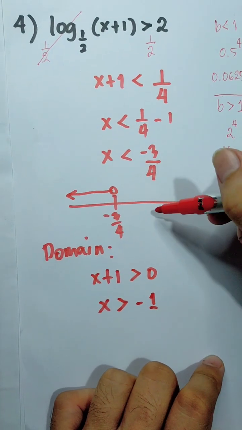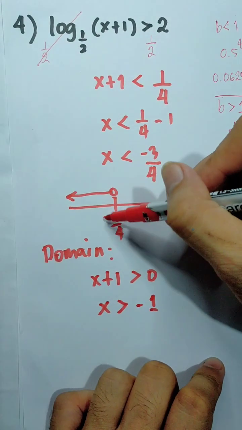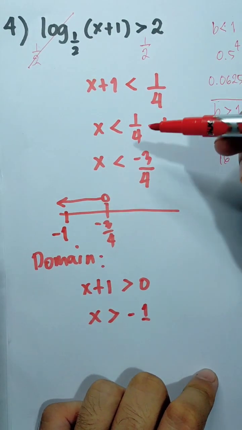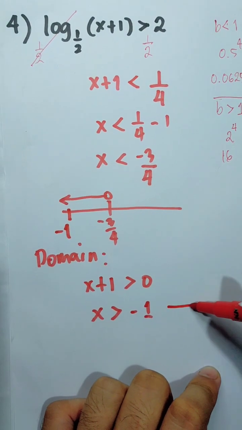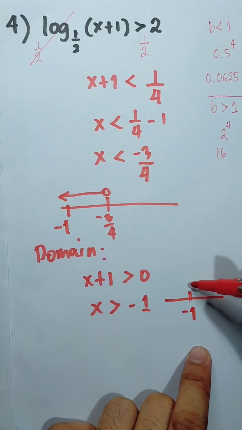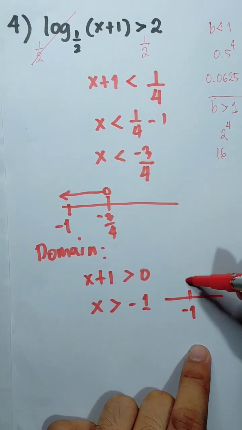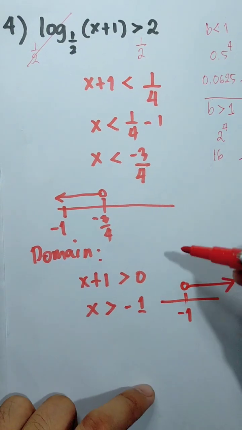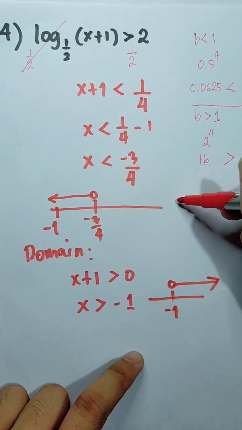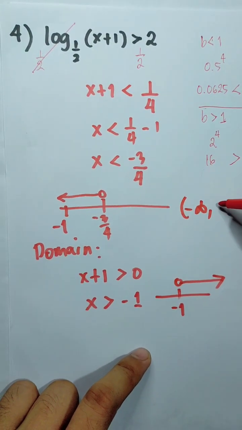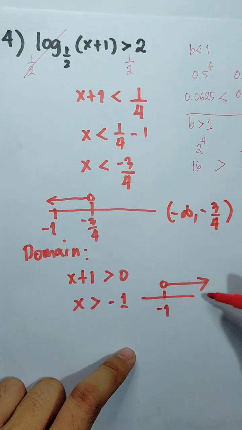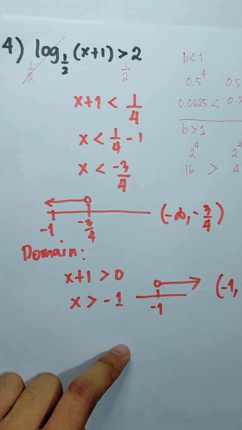Now -1 is smaller than -3/4, so it's somewhere here, -1. X is bigger, so it's on the right side of -1, so it's going there. Now let's write down the intervals. The interval here is from -infinity to -3/4. Okay, and the interval here from -1 to +infinity.